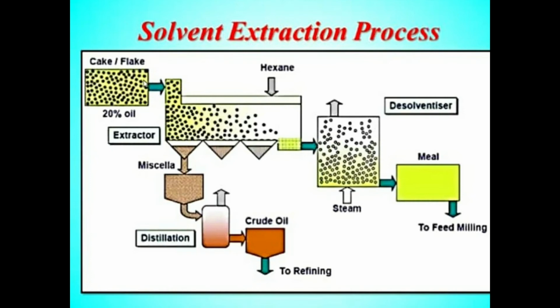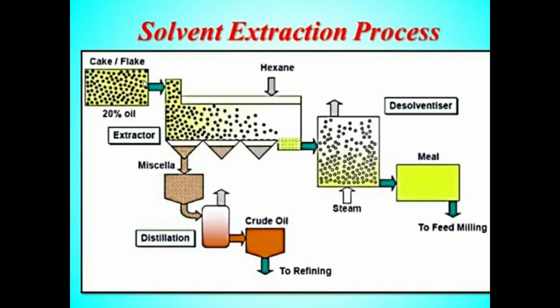So the oil is left in the container, and the solvent is evaporated and recondensed in another unit. In the desolventizer and condenser, whatever solvent is collected is used again for the next cycle of oil extraction. And whatever oil is left after the distillation process goes for the refining process.